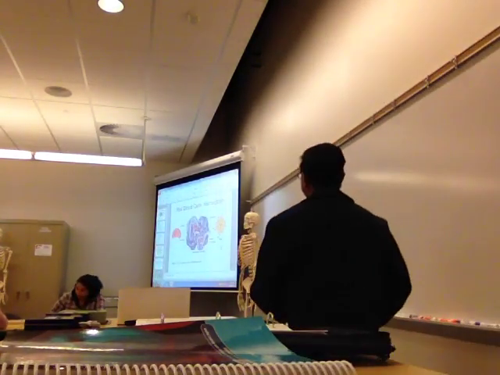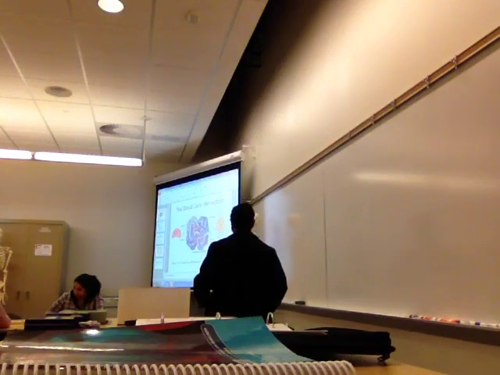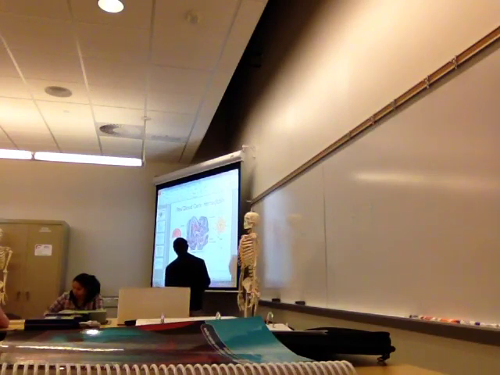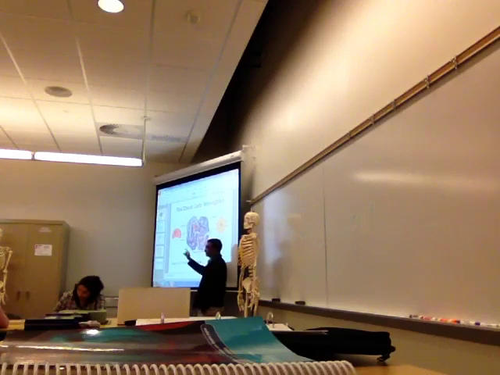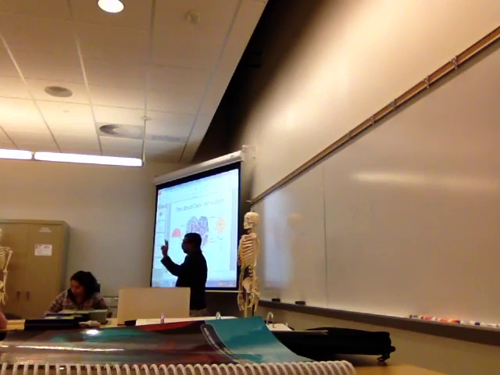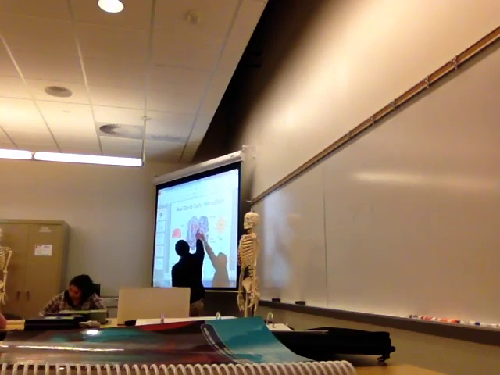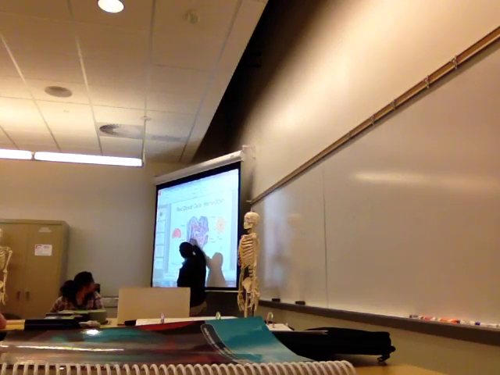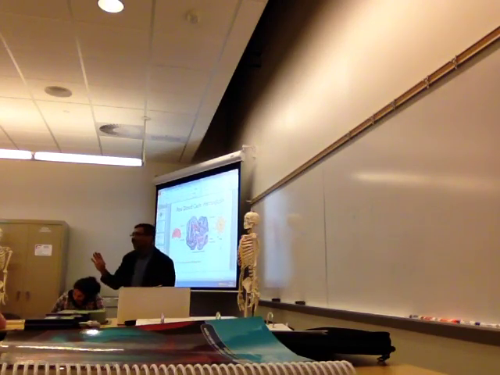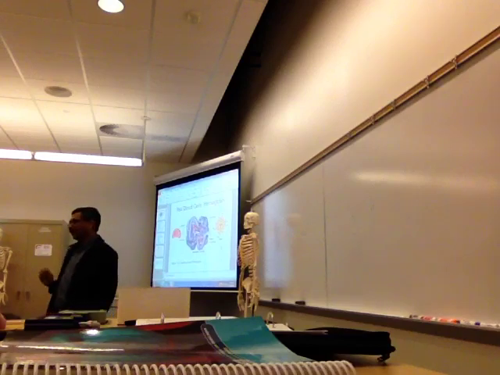Okay, the structure of hemoglobin. One molecule of hemoglobin, you can see a single molecule of hemoglobin, you will see 4 heme components. These are heme, and this is globin, and globin is formed by 4 chains, 2 alpha and 2 beta.